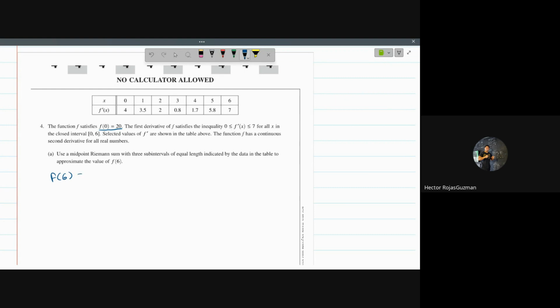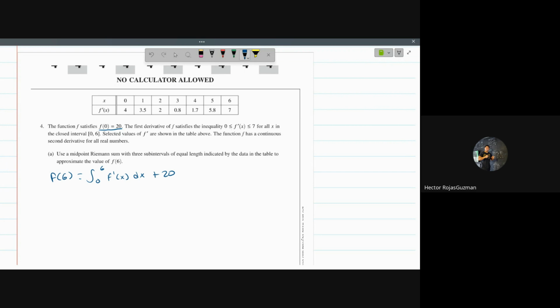f of 6 equals the integral from 0 to 6 of f prime of x dx plus 20. Even though they want us to use MRAM, it is just a strategy for us to calculate an integral, right? So I want to make sure I write my integral because that's what f of 6 is going to be.